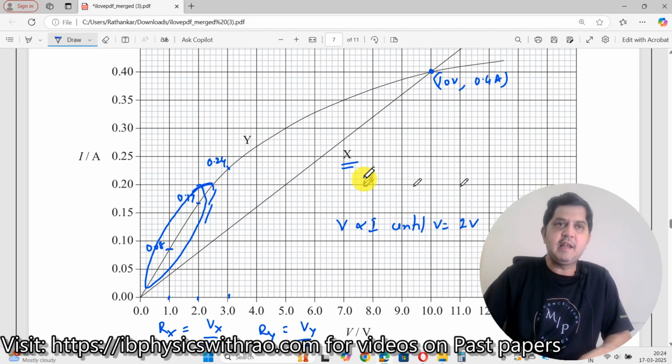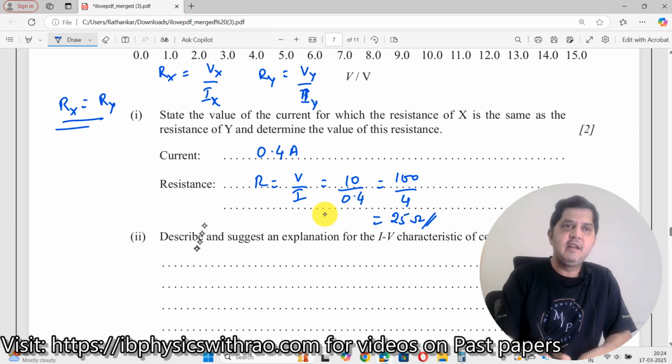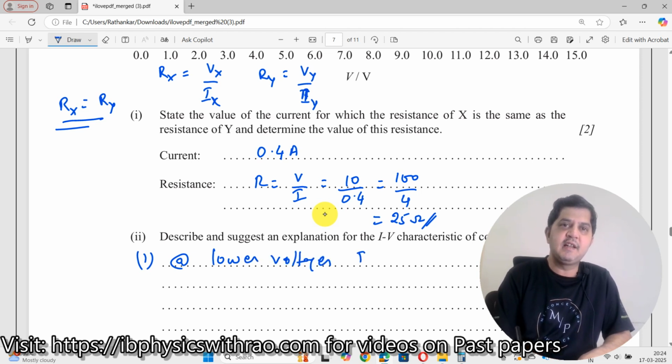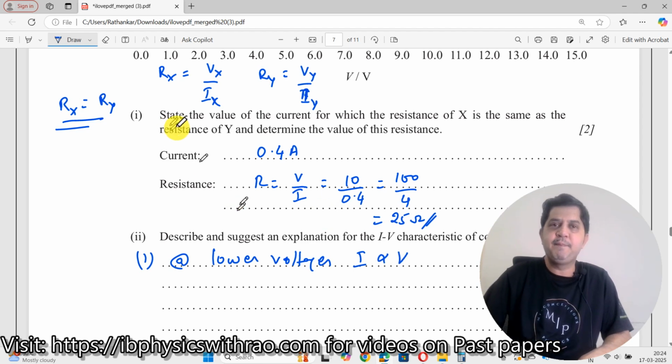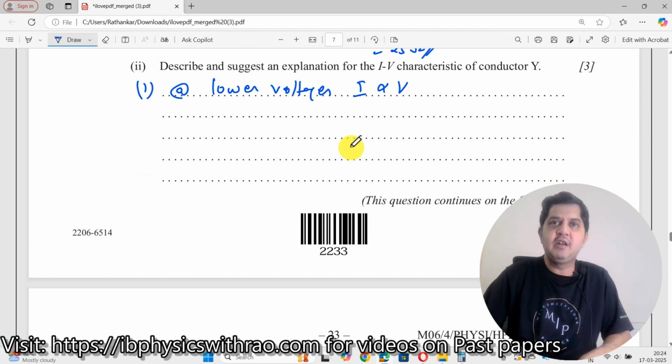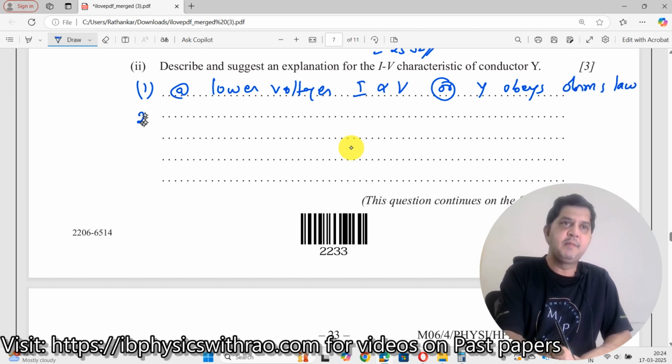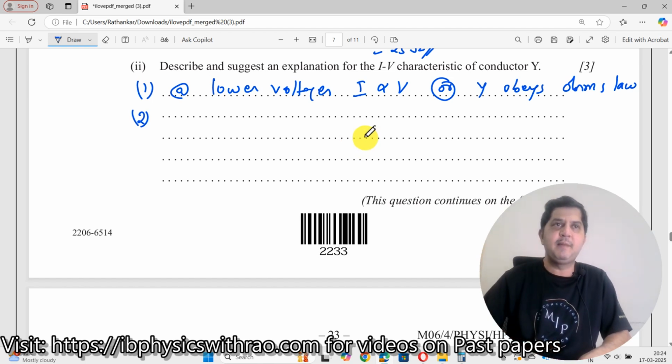So what I can write here, as the first mark, is that at lower voltages, I is proportional to V, or Y obeys Ohm's law. We can mention this because we are observing it from the graph, right?